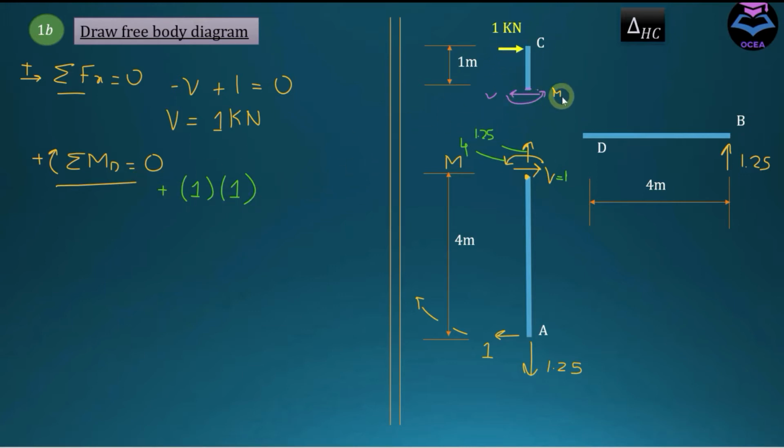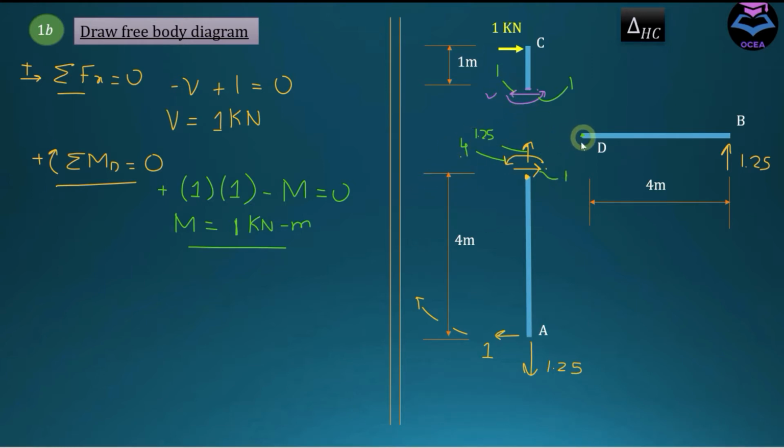And this moment, that is the moment that we assumed, is acting in counterclockwise direction, so this is going to be negative, and m from here is coming out to be equal to 1 kilonewton meter. So m is equal to 1 and V is also equal to 1.